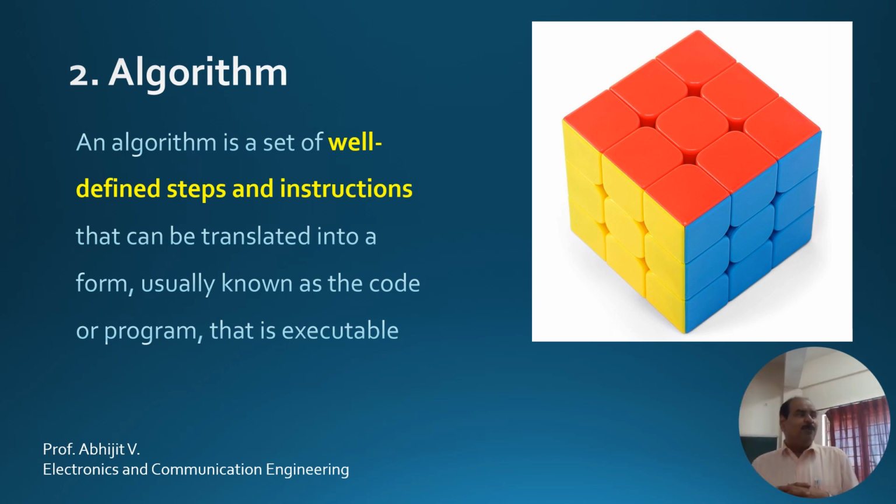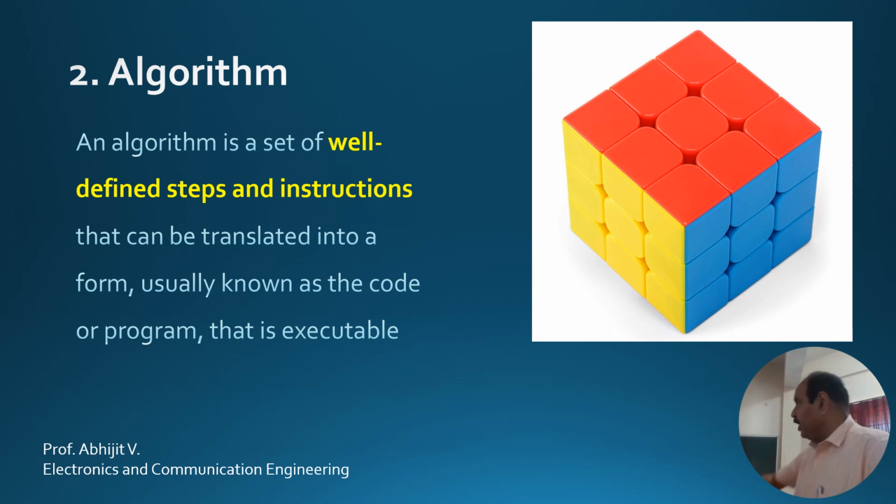So in Rubik's Cube, we have certain steps to be followed. We just need to follow the steps. How fast you are capable of doing these steps, so fast you can solve your problem. This method of approaching a problem, defining a solution to a problem step by step, is called the algorithmic approach.